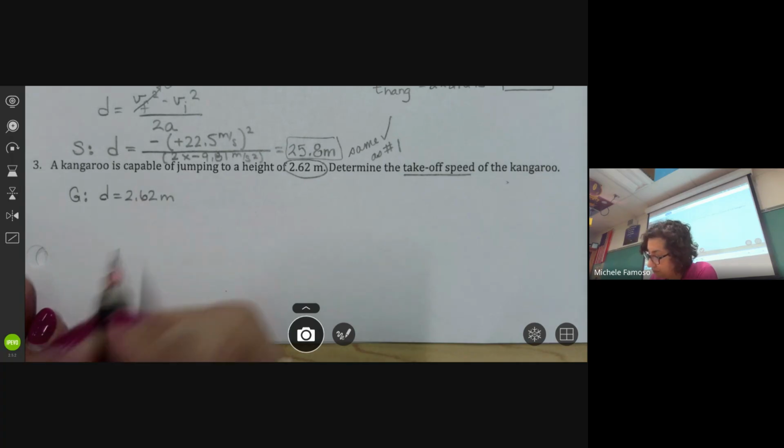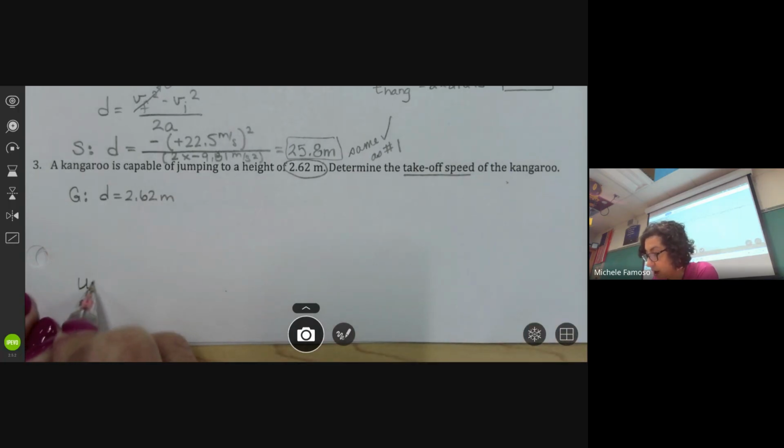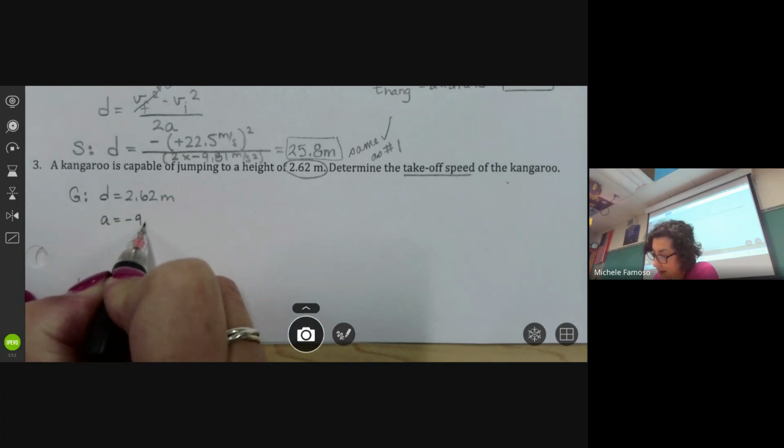VI equals 0. No. We're looking for takeoff speed. So that's actually your unknown. I'll list that here. I'm looking for the VI. Jacob, something else I can list. Where's the kangaroo? R. Yeah. So the acceleration is negative 9.81 meters per second squared.